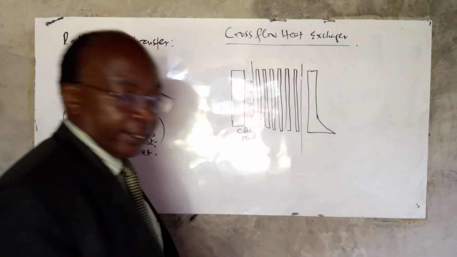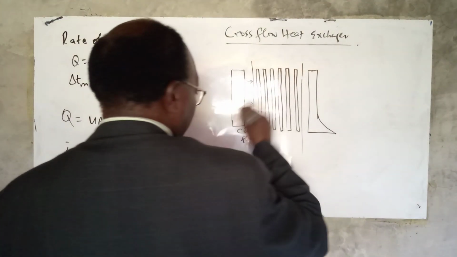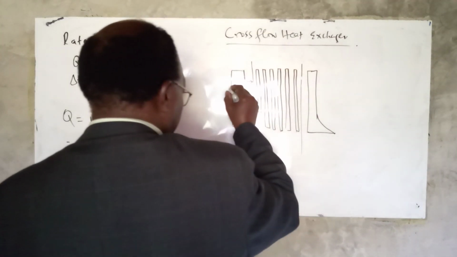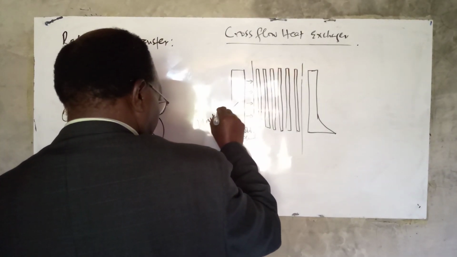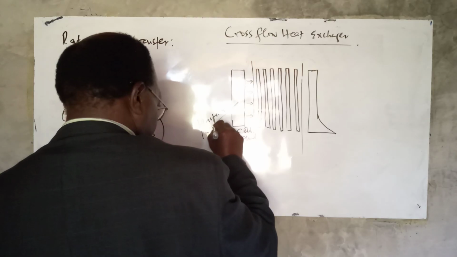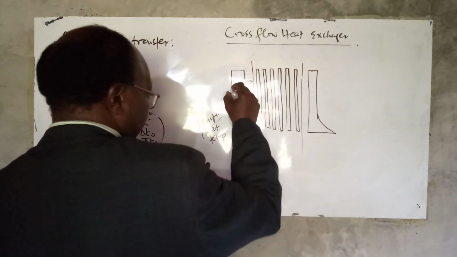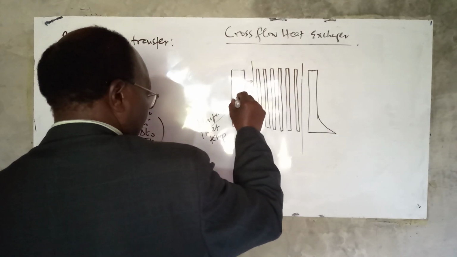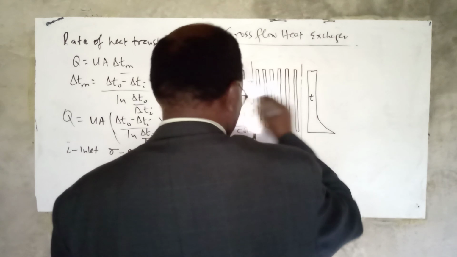Of course, you remember the temperature profile. This is the inlet temperature, which is uniform. Let's call it Ti, inlet, and this is the outlet.